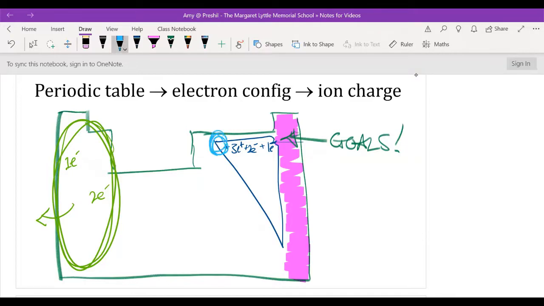Carbon is special because carbon pretty much only does covalent bonding. But the periodic table can tell us the electron config. We discussed that in periodicity and atomic theory. But from there, we can also work out the charge that an ion will have.